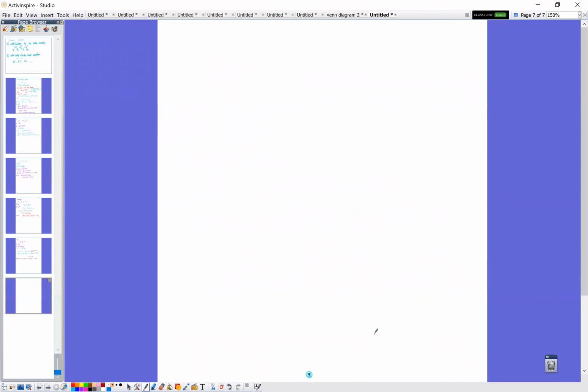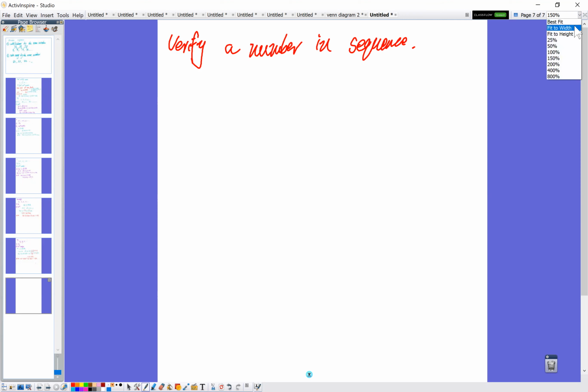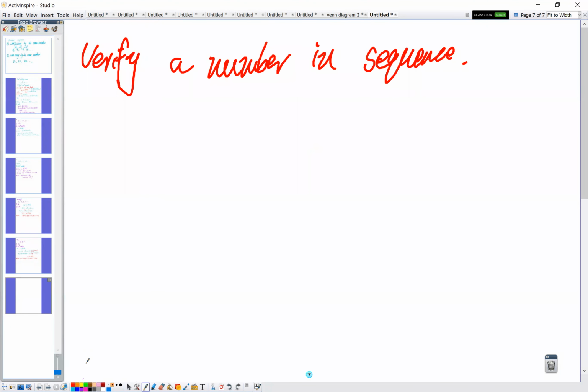Now let's move on to the next part. The next part is about how we verify whether a number is in the sequence. So for example, in this case, the question gives you something like this. If I make this one larger, the example question tells you that un equals 3n minus 2.